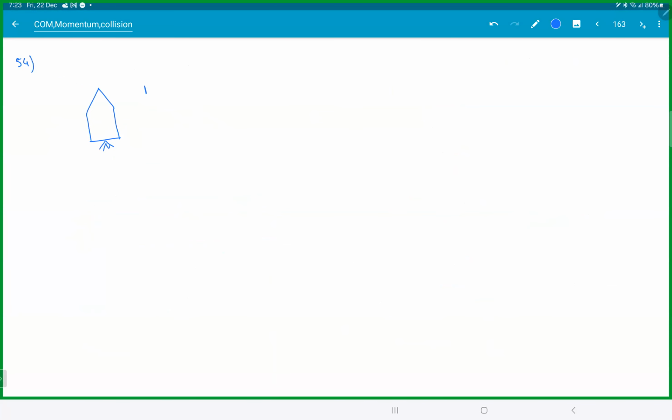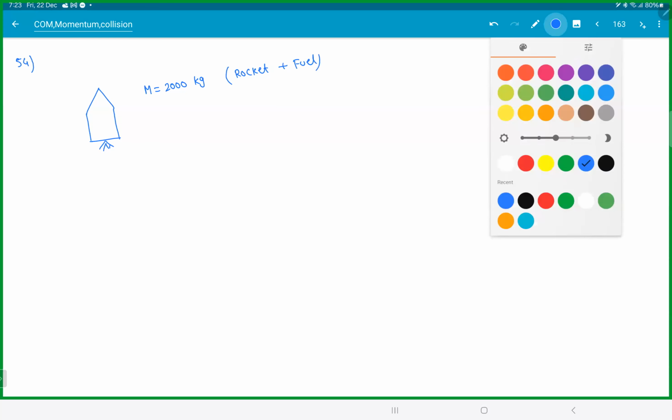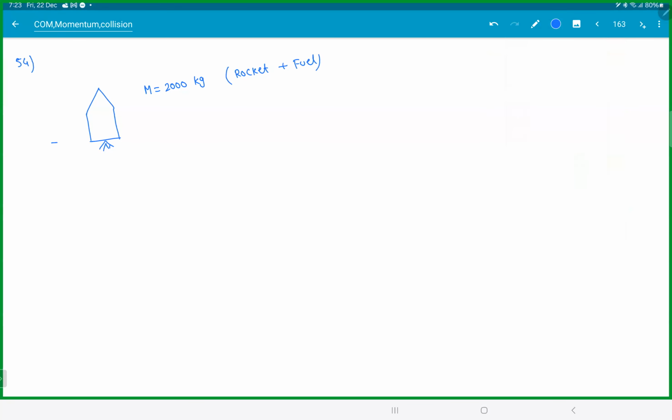So let's say we have a rocket of mass 2000 kgs. This is rocket plus fuel. This thing is placed on the ground.